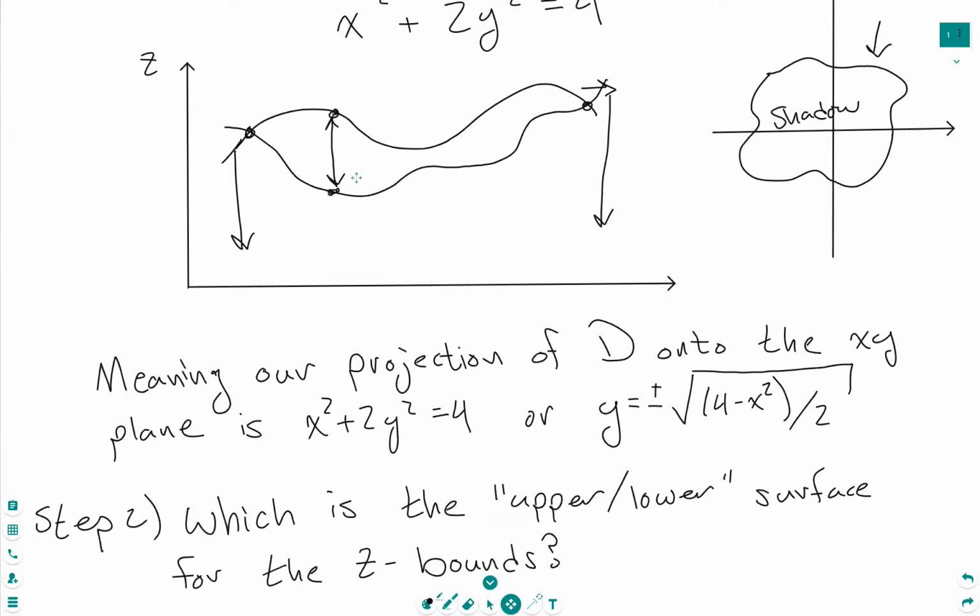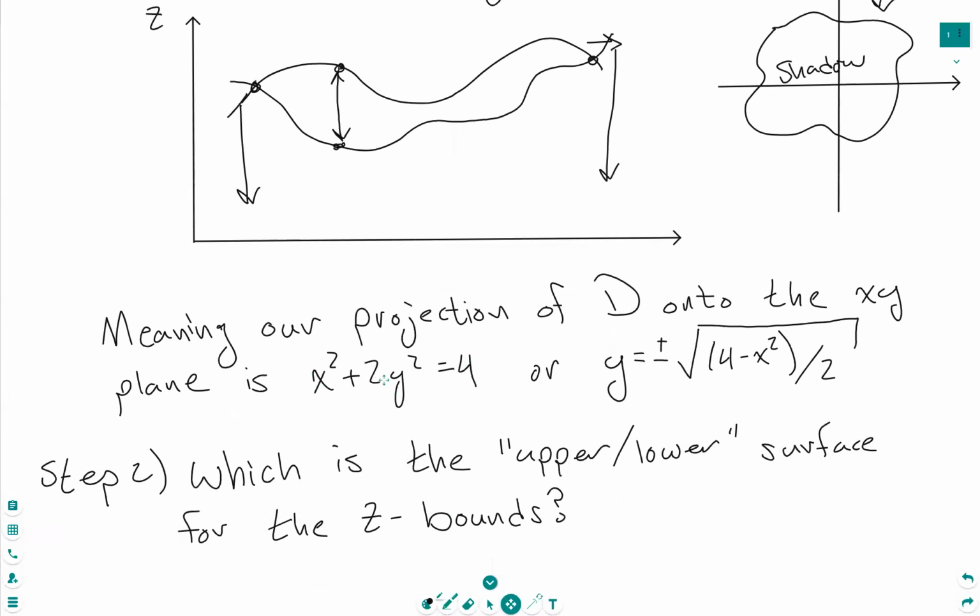What we can do is plug in any single point that exists in our projection. Basically, if our projection is down here, the shadow that it casts, some kind of shadow domain, we can pick a single point, and that xy coordinate will have a z component in both of these surfaces, and we can see which one is larger.